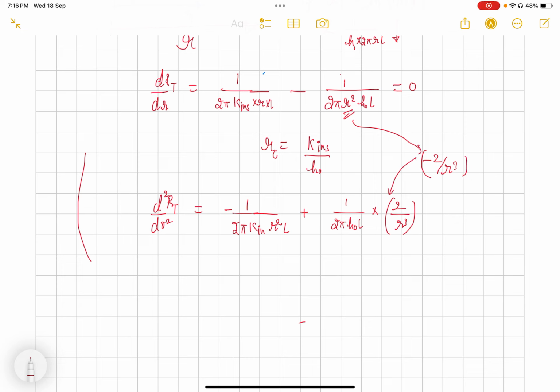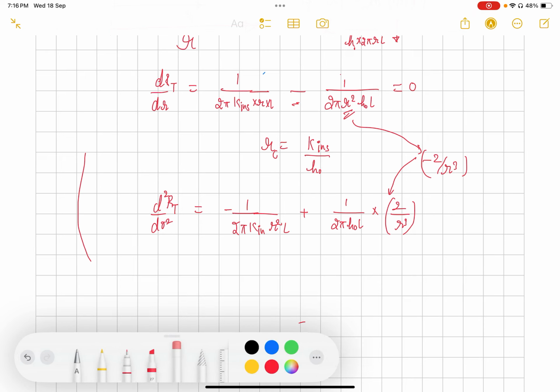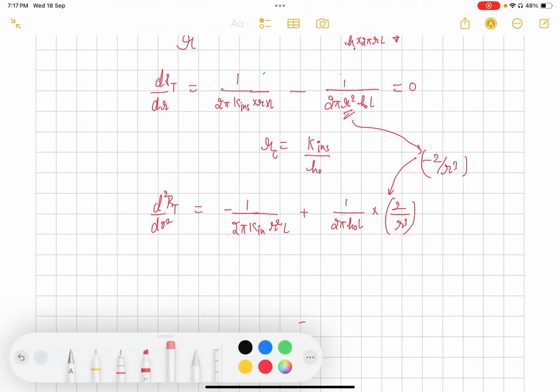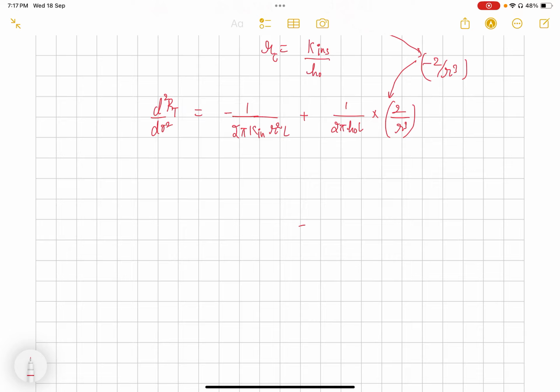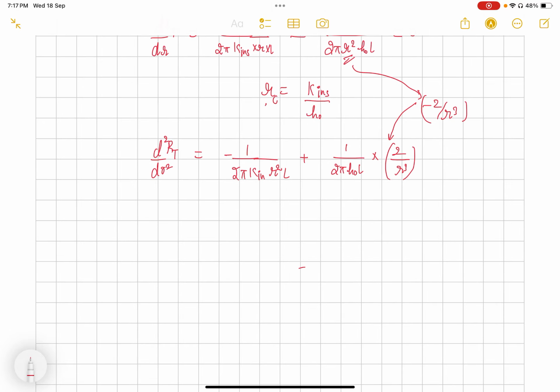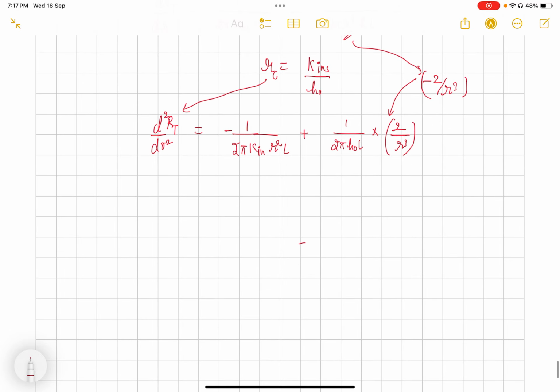Because of that this minus will become plus. So if you put R as RC in this equation, you will get h naught square divided by 2 pi L K insulation cube, which is greater than 0 because all are positive numbers.